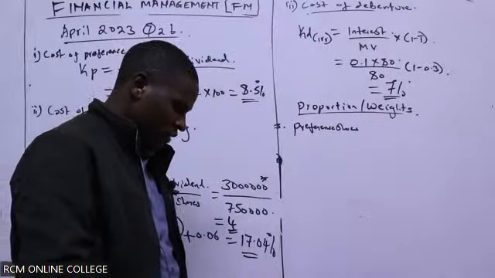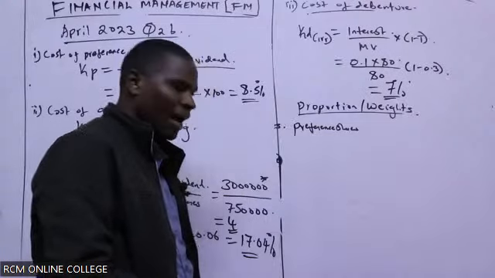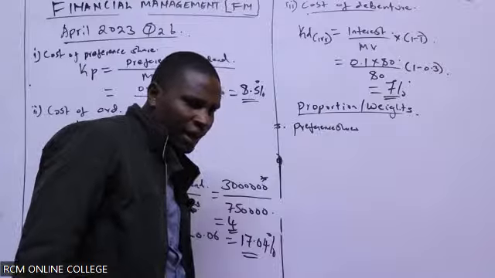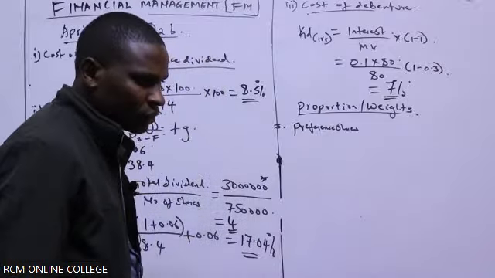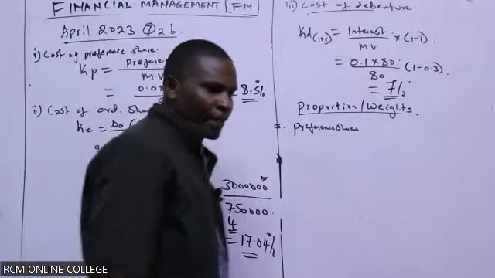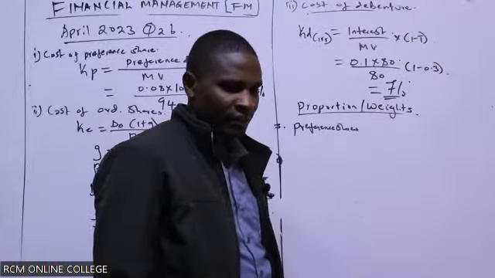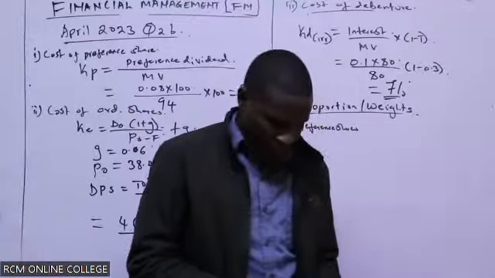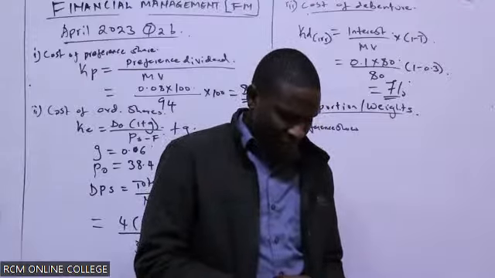The par was given as 8%. No, 100. The 80 is the current price. Sami asks a good question. Let's look there carefully. The current price is 80.